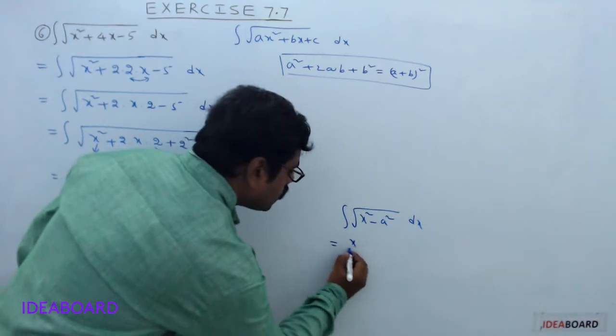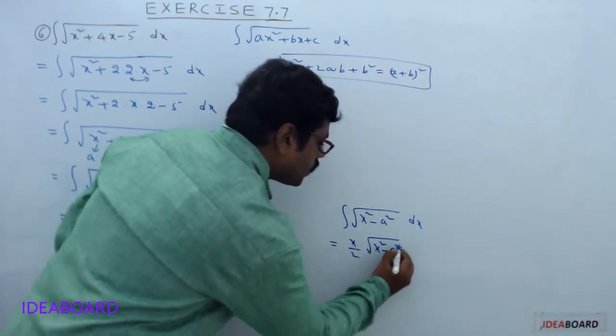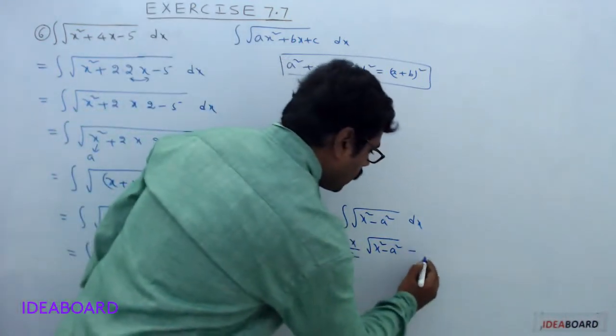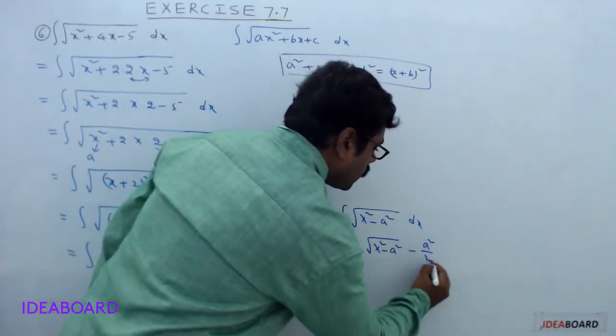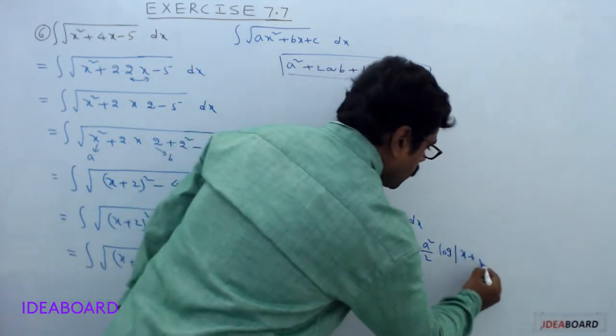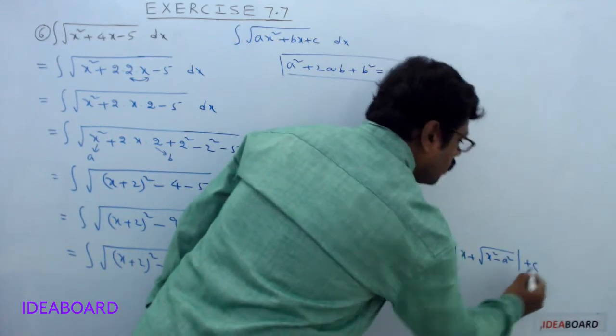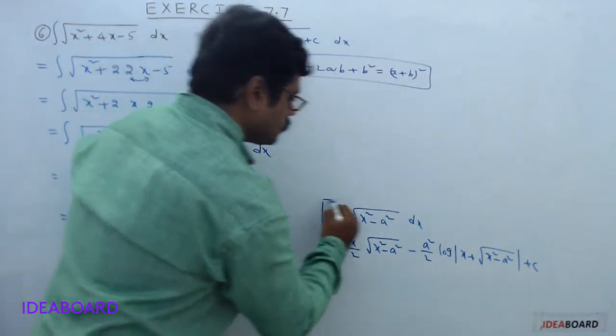It is x/2 into square root of x² minus a², minus a²/2 into log mod of x plus square root of x² minus a², plus a constant c.